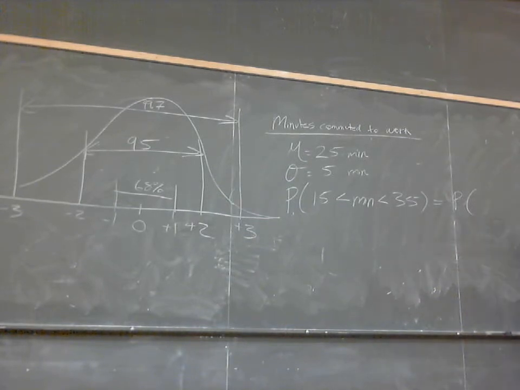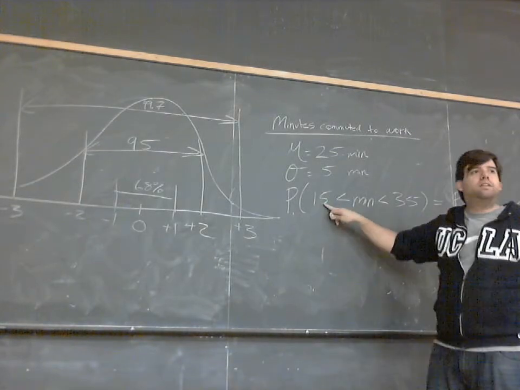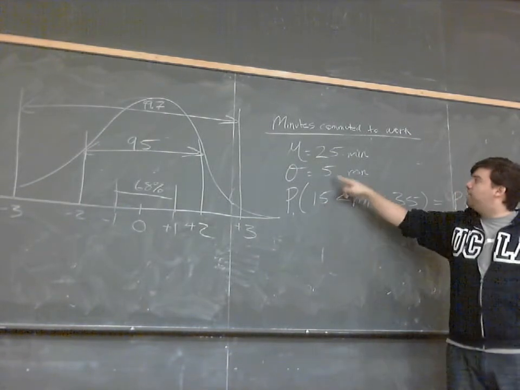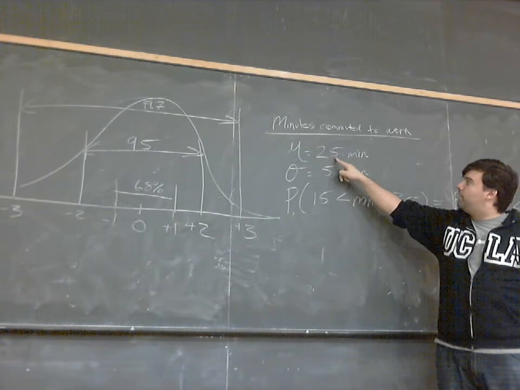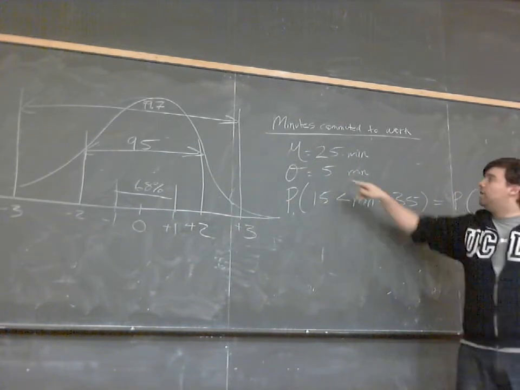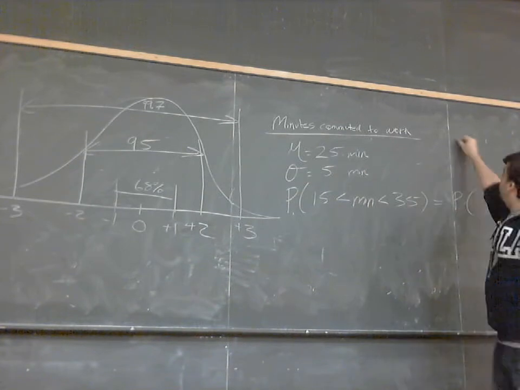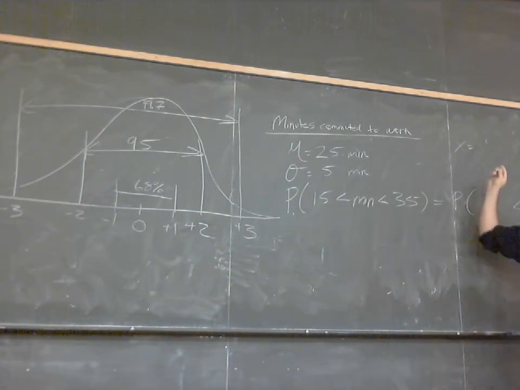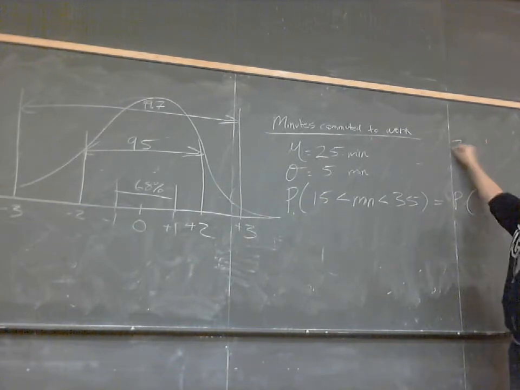So now I replace minutes with z, and I find the z-score of 15. How many of these below this is 15? -2. Remember, the sign of the z-score gives me the direction. If it's negative, it's below average. If it's positive, it's above average. You can just follow the formula.